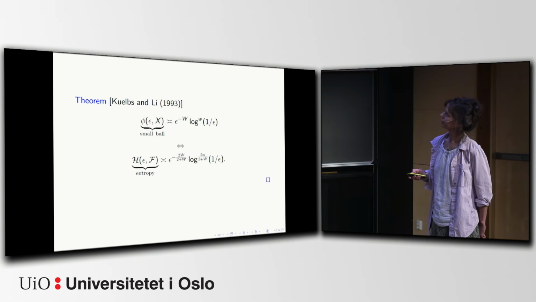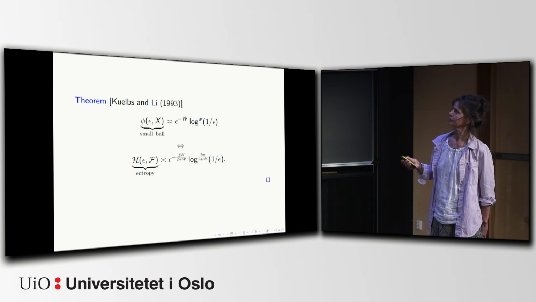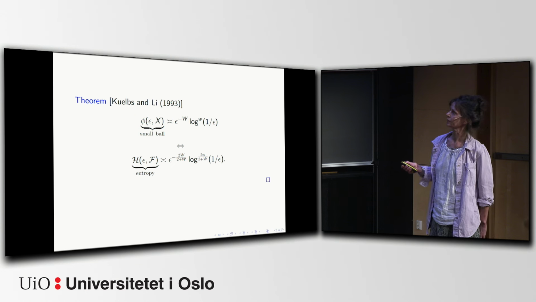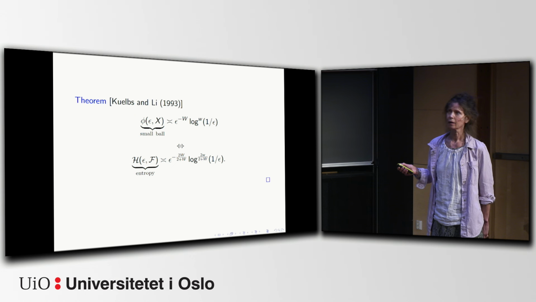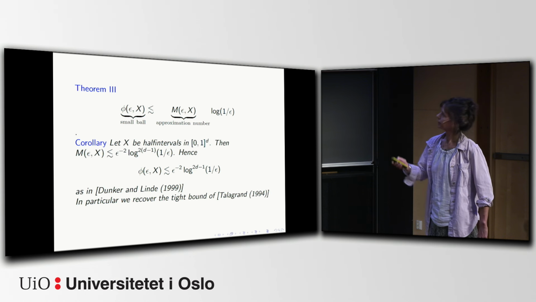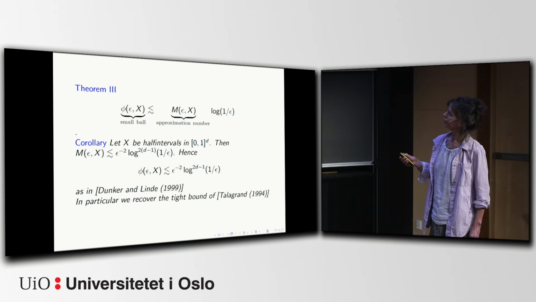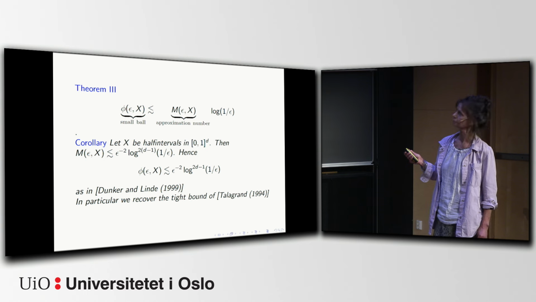And I think there's a strong connection between small ball estimates and entropy, right? Then quickly, if I did it correctly, the small ball estimate can be bounded by the approximation number and a log term.